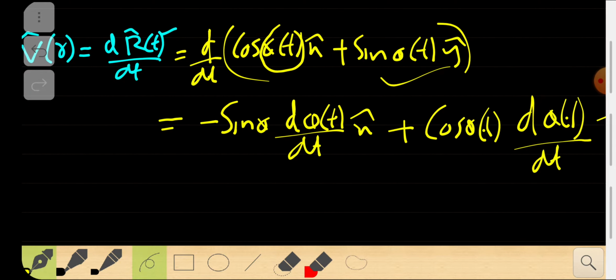So we have two parts here, one part is r cap and the other part is theta cap. So we have to find both of these velocities, in the radial direction and the angular direction.